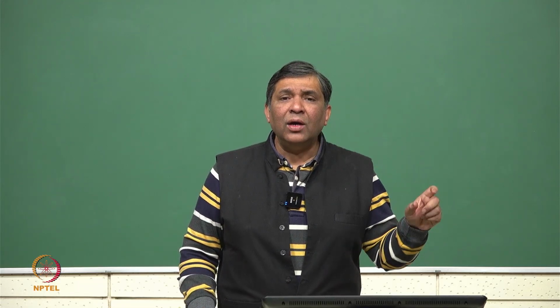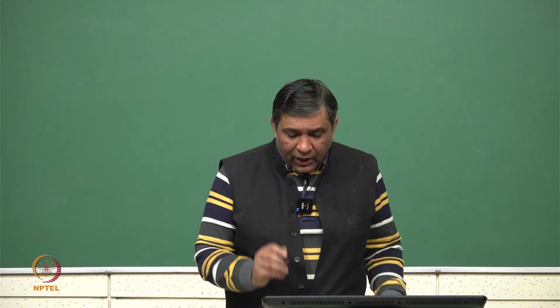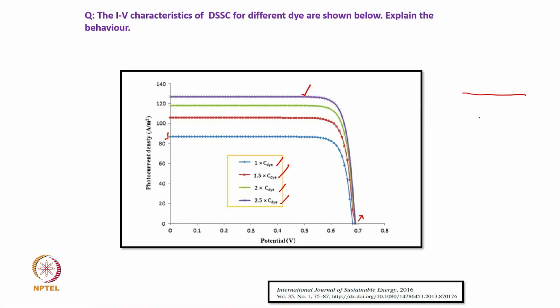So, if the number of electrons is more, again we come to the same picture. So, this is TiO2, this is the conduction band, this is the valence band, this is the Fermi level.